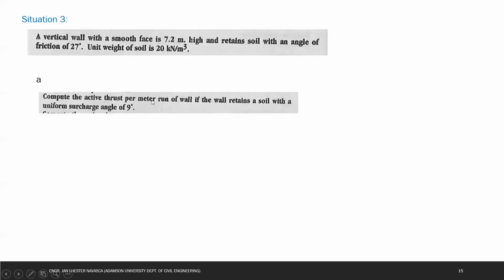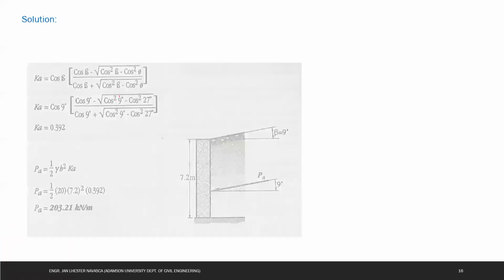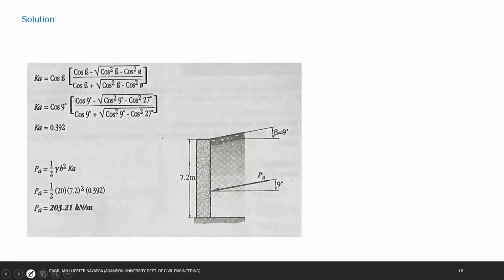So again, the problem is active. The problem says compute the active thrust per meter run of the wall, meaning the assumption is you have active pressure. So that is the assumption. For the solution, it is the same since that is one layer of soil.